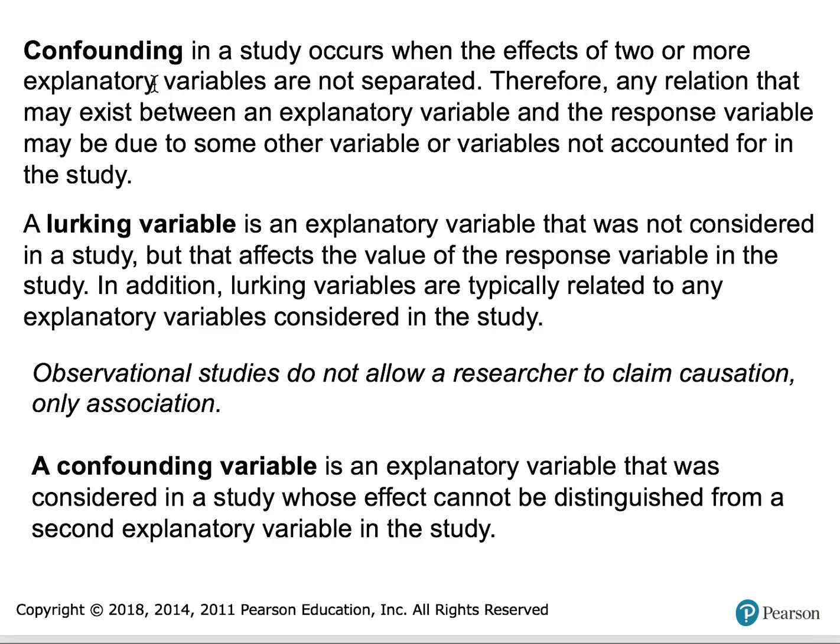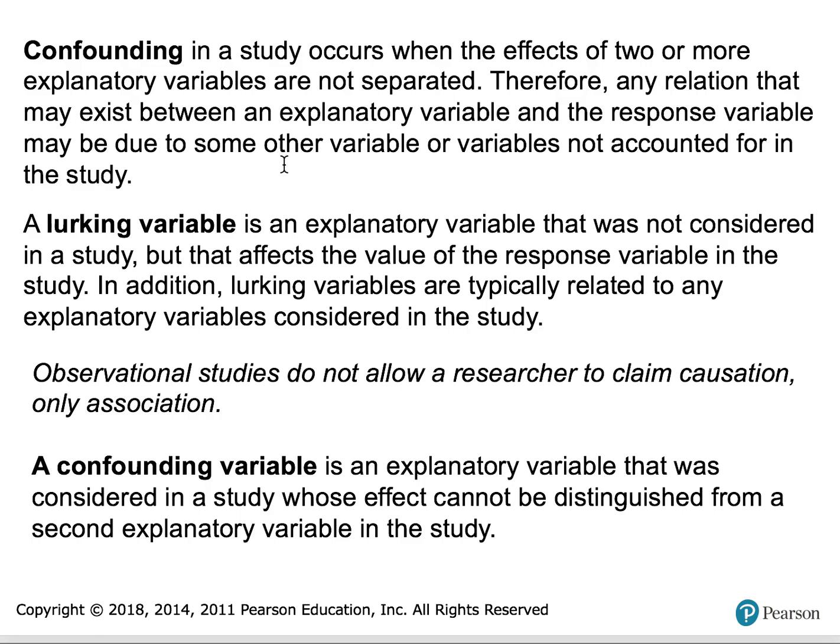Confounding in a study occurs when the effects of two or more explanatory variables are not separated. Therefore, any relation that may exist between an explanatory variable and the response variable may be due to some other variable or variables not accounted for in the study. Confounding is potentially a major problem with observational studies.